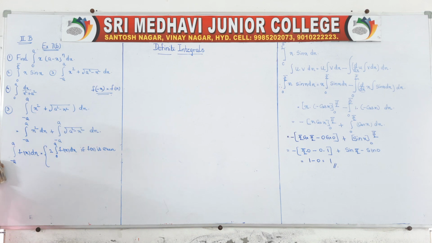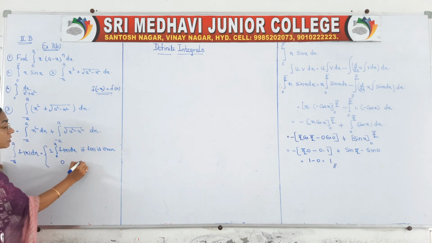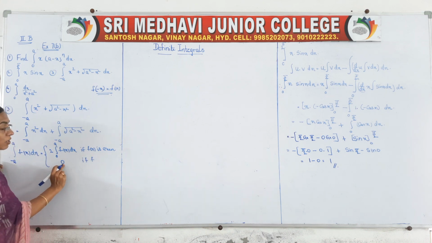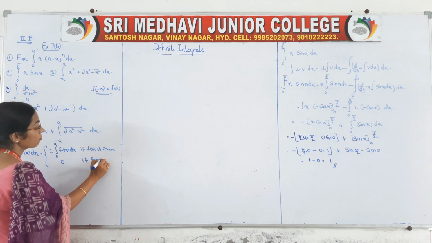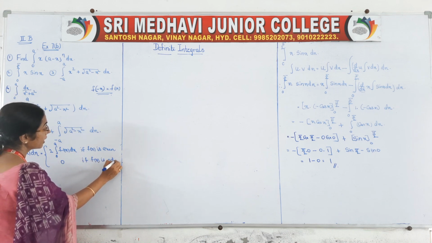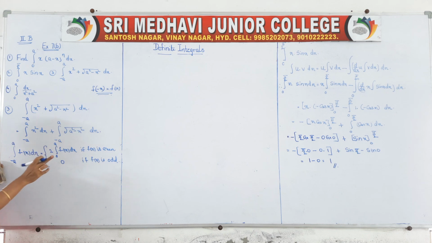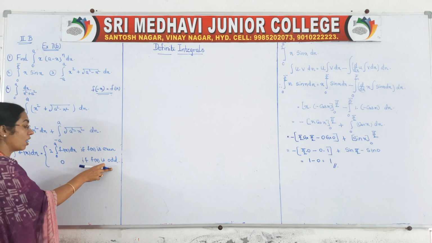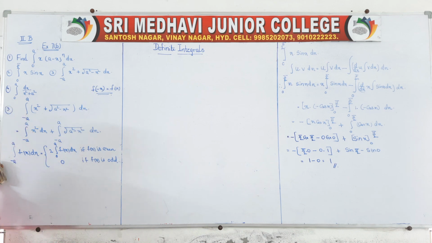Otherwise, if f of x is odd, its value is 0. Getting my point? If the function is even, this integral equals 2 into the integral from 0 to a of f of x dx. Suppose the function is odd, this integral becomes 0.